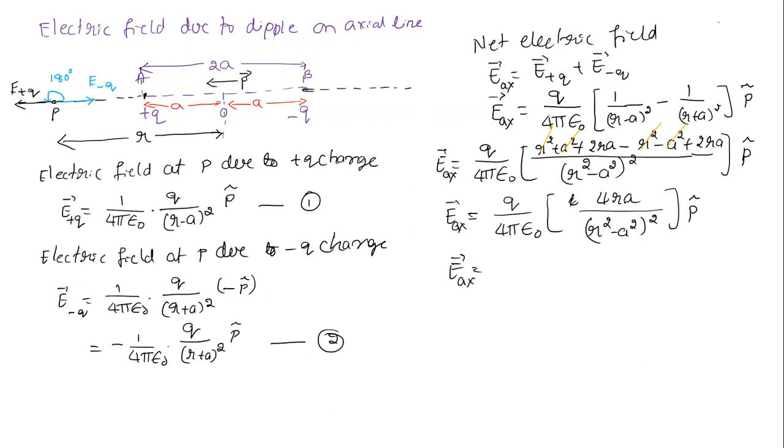I told you, this 4RA becomes 2R into 2A. In that case it will become 1 by 4 pi epsilon naught, Q becomes 2PR divided by (R square minus A square) whole square into P cap. This is a P vector. Here you need to know P vector is equal to Q times 2A vector. This is the expression. You can leave it here also.